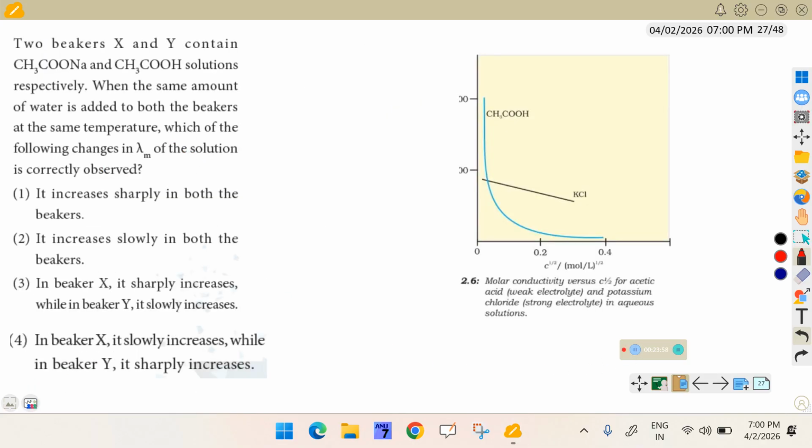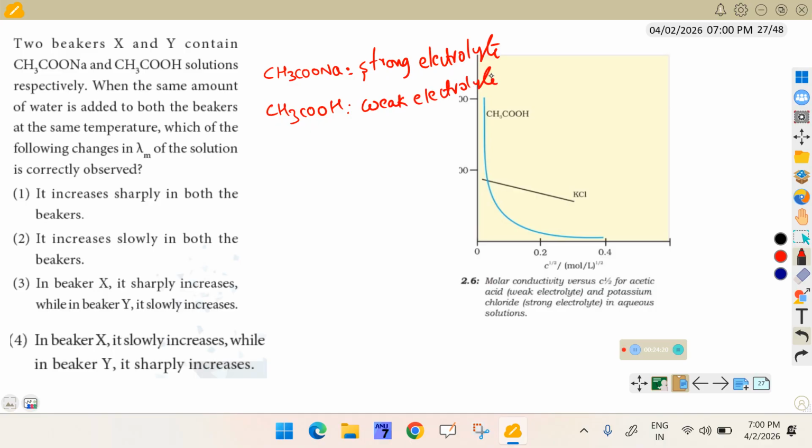Two beakers X and Y contain CH3COONa, yes, CH3COONa is a strong electrolyte, and CH3COOH, a weak electrolyte, solutions respectively.